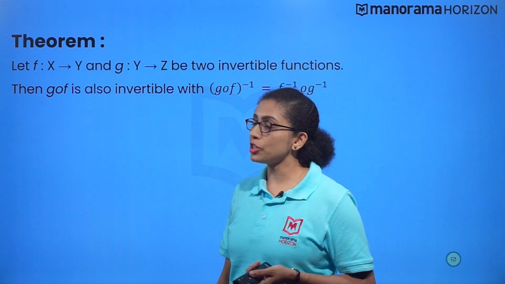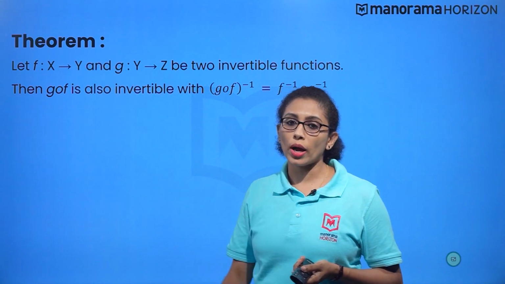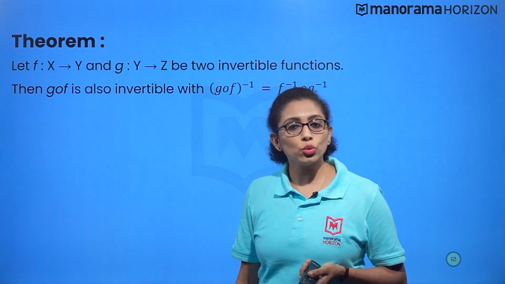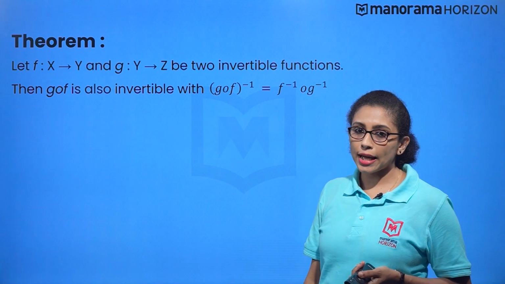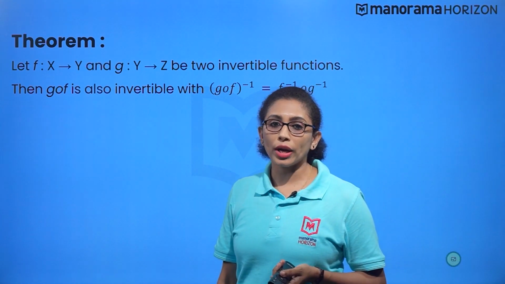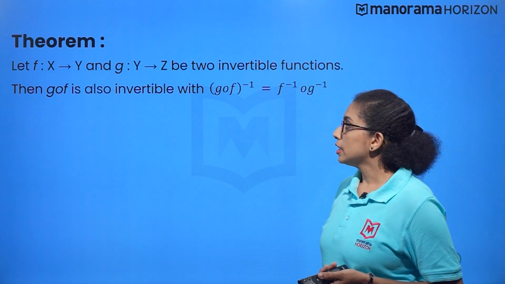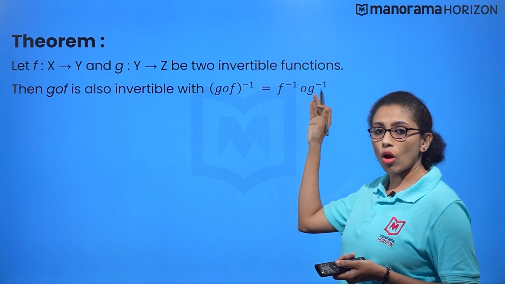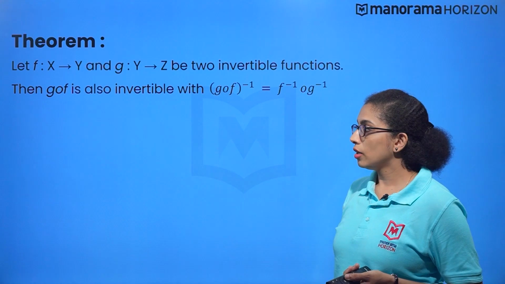Let f is a function defined from the set x to y and g is a function defined from the set y to z be two invertible functions, then g of f is also invertible with g of f inverse is equal to f inverse of g inverse. Let's see the proof.